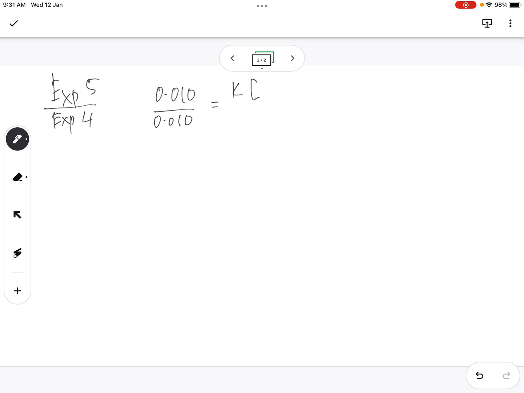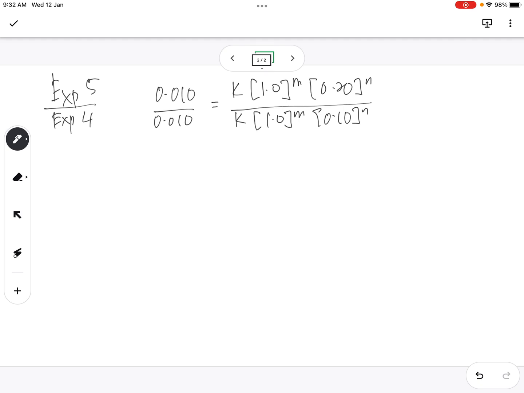The first concentration is 1.0 to the power m for experiment 5, and 0.20 to the power n, also experiment 5. At the bottom, experiment 4: 1.0 to the power m and 0.10 to the power n.